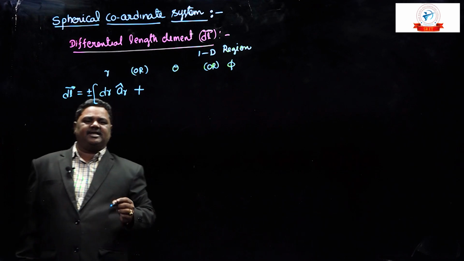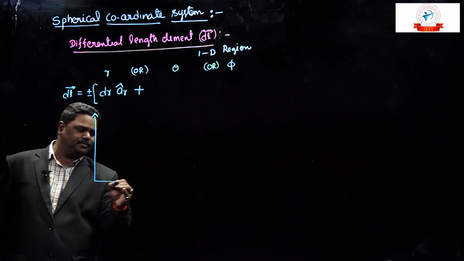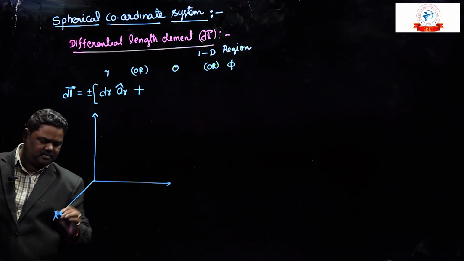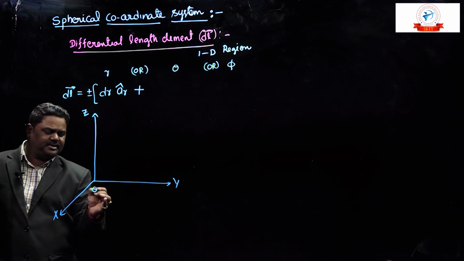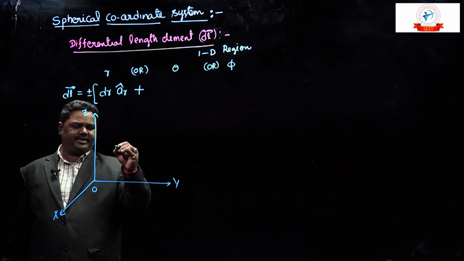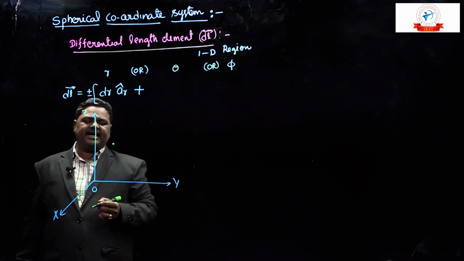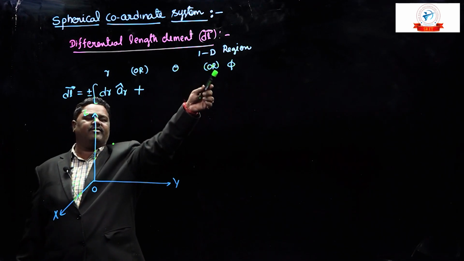For that, let us consider the coordinate axis. Consider any random point in free space. In the spherical coordinate system, any point is represented with r, theta and phi.